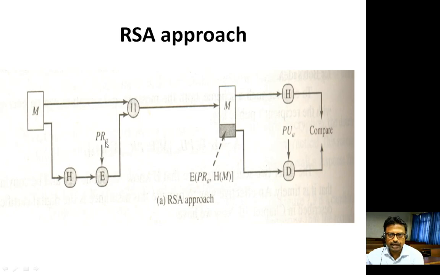Suppose the sender is A. So we apply the hash algorithm to the original message, either secure hash algorithm or MD5 or whatever it may be, and then this hash value, which is limited in size, is encrypted with the private key of the sender, and this is called the signature.